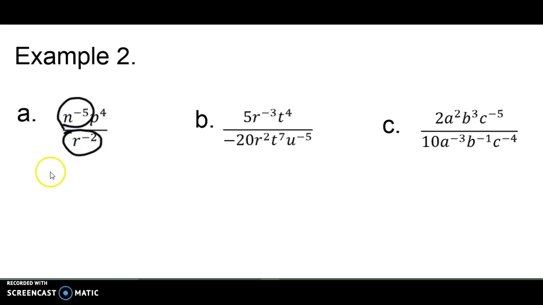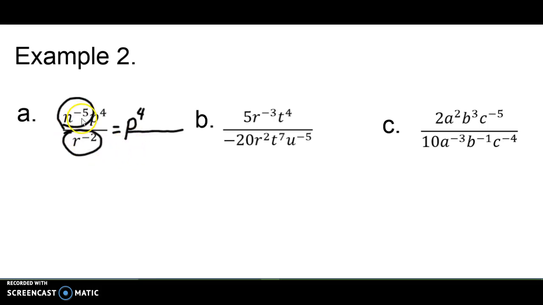After I circle my negative exponents, I'm going to redraw my fraction bar. Any exponents that were on the top of my fraction that were not circled stay on the top. There is a p to the fourth on top, that's still going to be on the top. Anything that was on the bottom that was not circled stays on the bottom. I don't have anything not circled on the bottom.